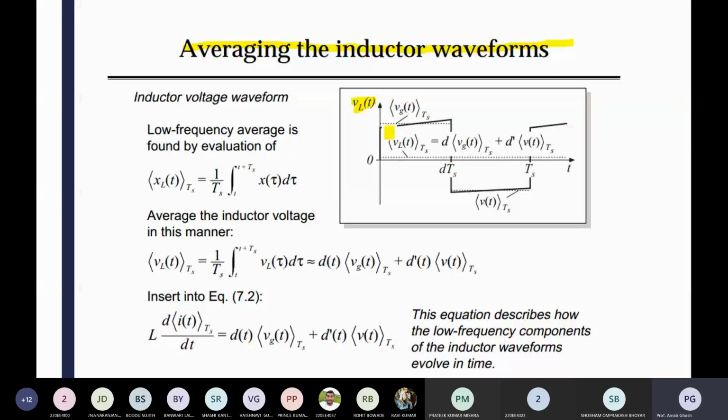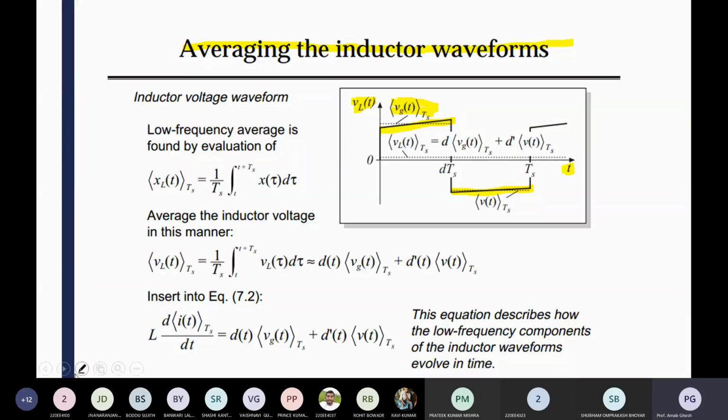But if you follow the dotted line, which is your average line and neglects the ripples, you will see some incline, which is not parallel to your time axis. It is gradually increasing in the positive half and gradually decreasing in the negative half. But if you go for the average, you can see the dotted line.